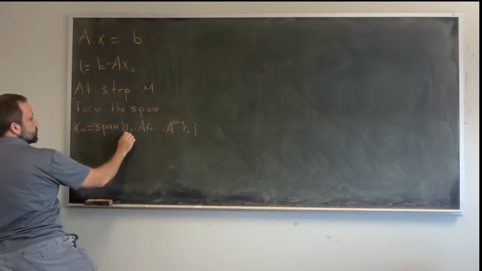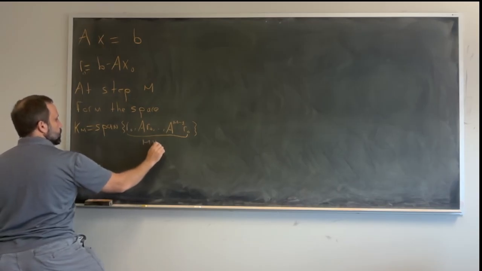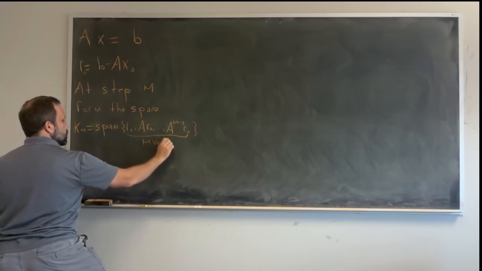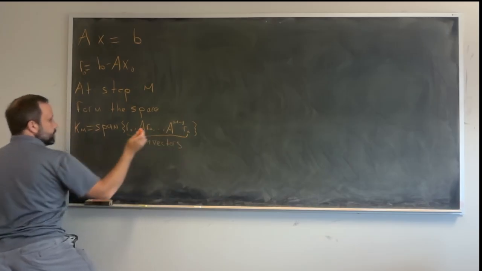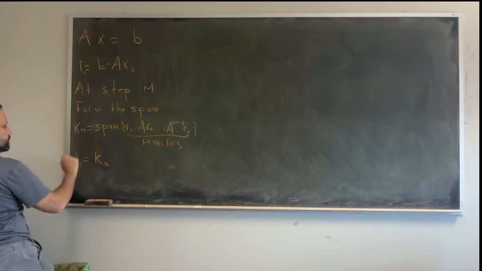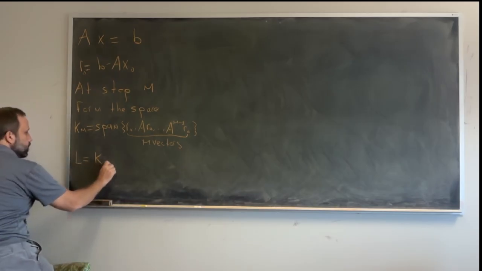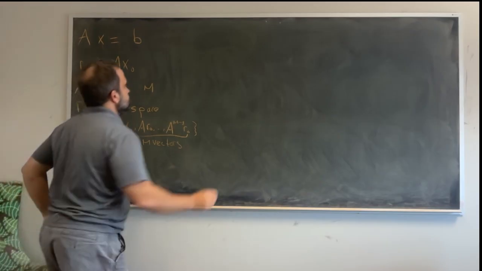Okay, so notice there are m vectors. Okay, and we're going to do a projection method where L is equal to Km.